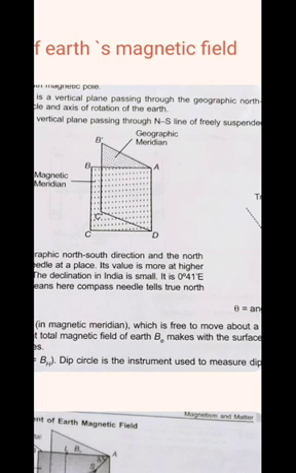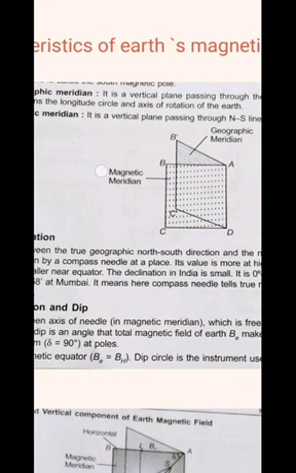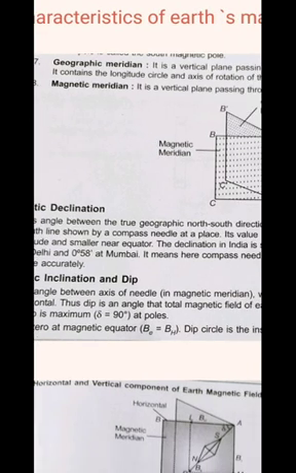The geographic meridian is the vertical plane which passes through the geographic north-south, and the magnetic meridian is the vertical plane which passes through the magnetic north and magnetic south. So it is a vertical plane through the north-south line of a freely suspended magnet.